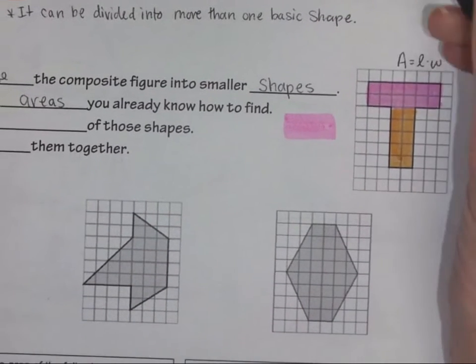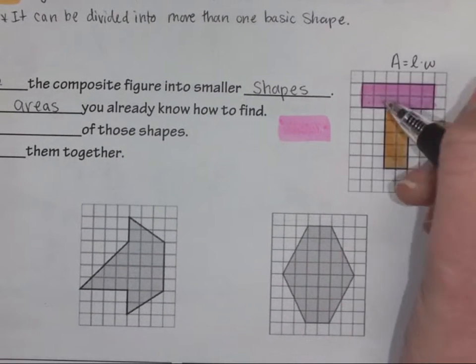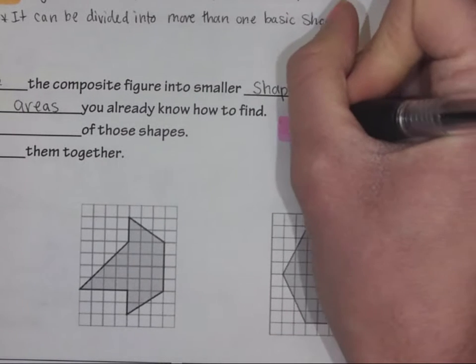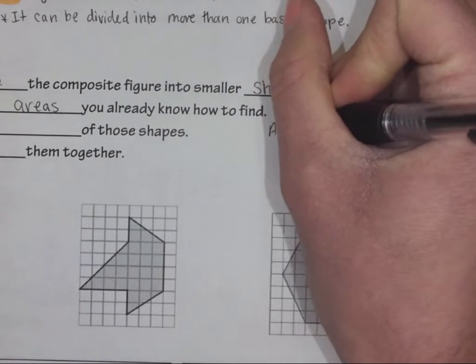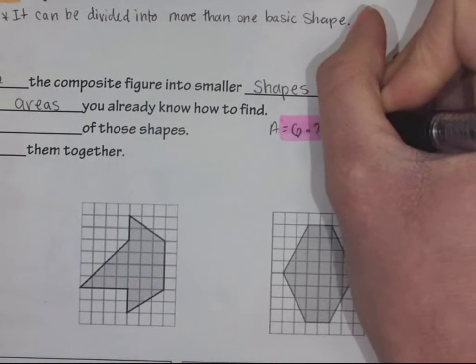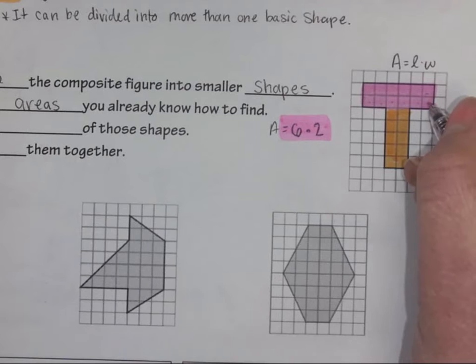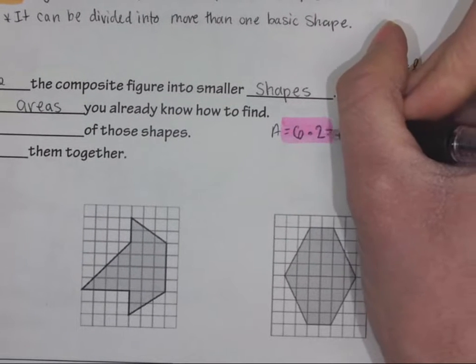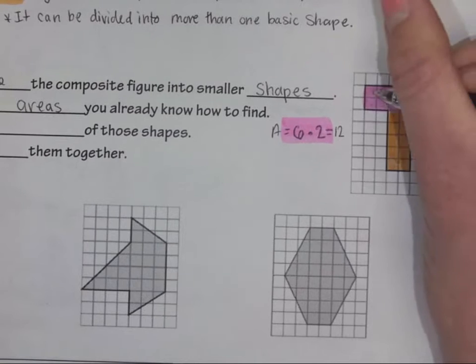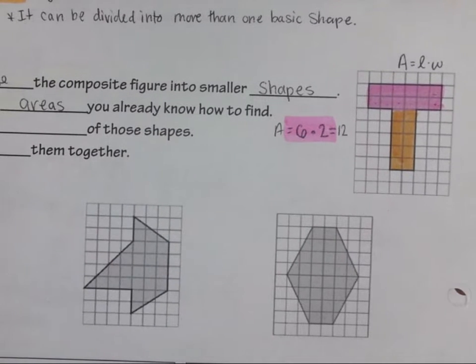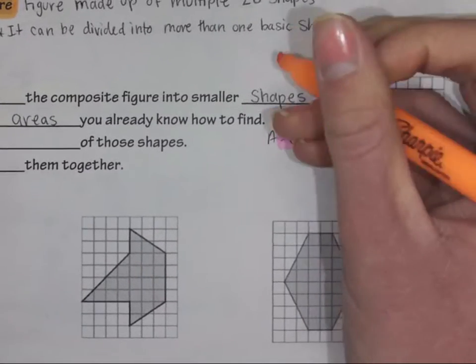The area for that one is going to be the length, which is 1, 2, 3, 4, 5, 6, times the width, which was 2. It's 6 long and 2 tall. So if I multiply those together, the area of that rectangle is 12 of these little squares, or 12 units squared.